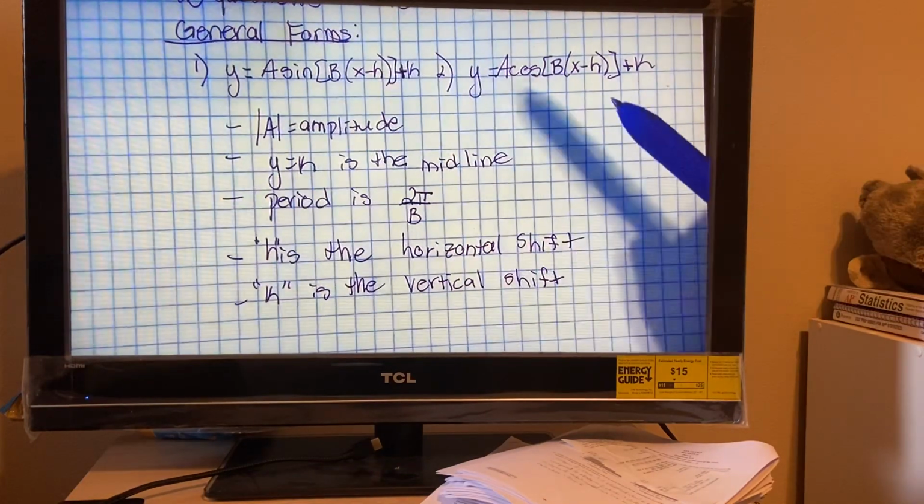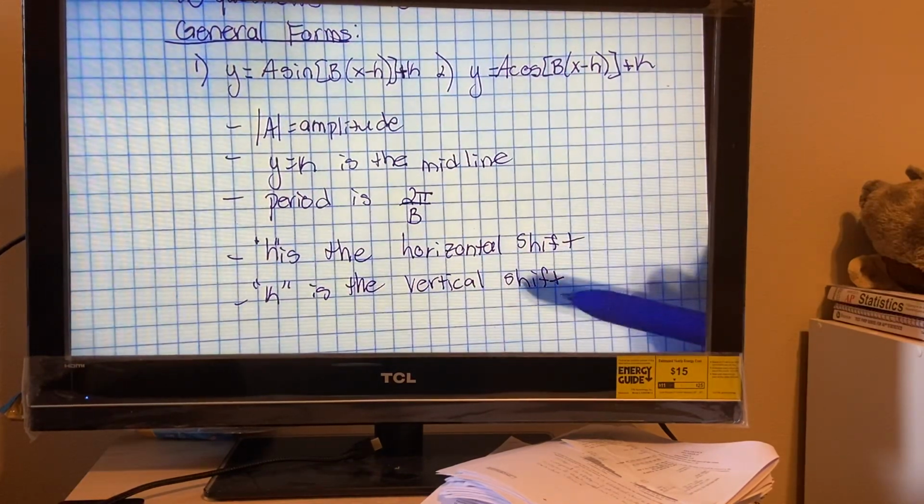Okay, so these are the things that you have to know about just the equations themselves.